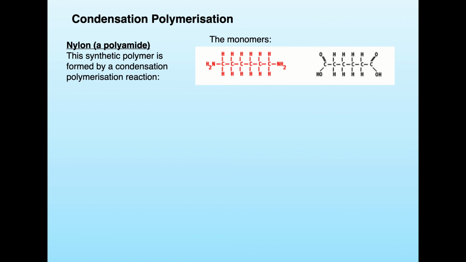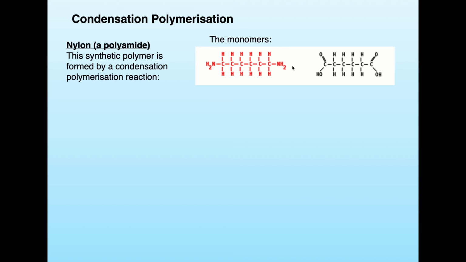So there are two monomers here. What happens is the NH2 groups, these are called amino groups, they react with the acid groups on the end of the other molecule. Notice there are 6 carbons here and there are 6 carbons here. This is often called nylon 6,6.